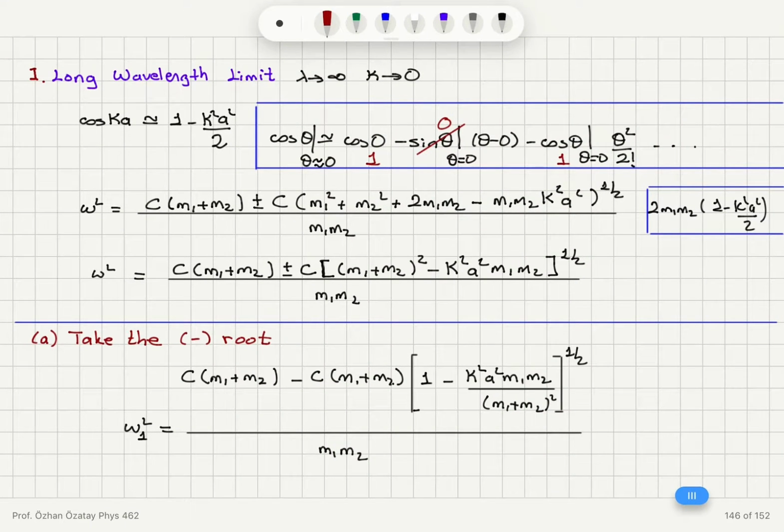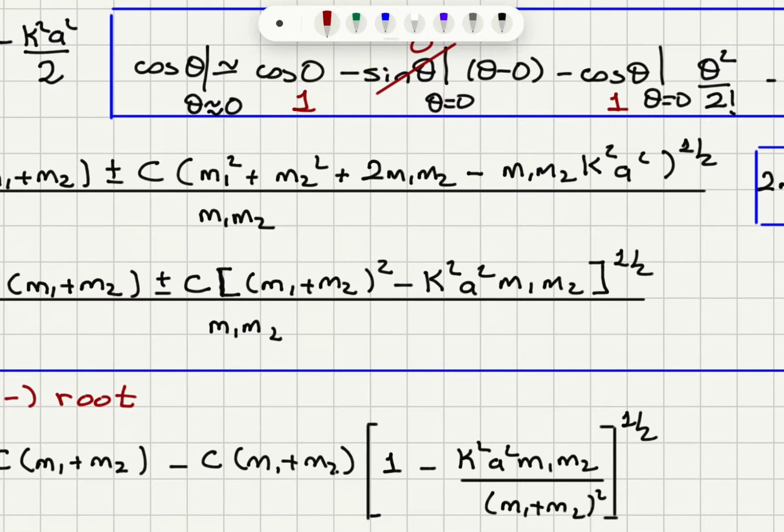Okay, so we can look at the positive branch and we can look at the negative branch. So let's look at the negative root. So then I will have C (m1 plus m2) minus C. Now if I take m1 plus m2 out in parentheses, you can see that (m1 plus m2) squared to the power 1/2 will become m1 plus m2.